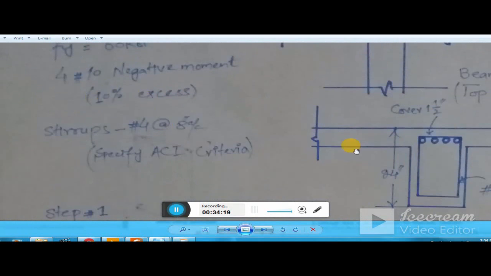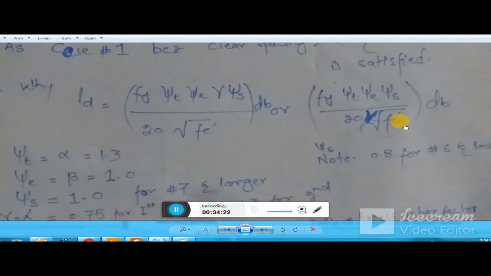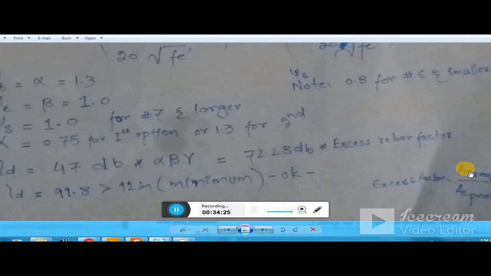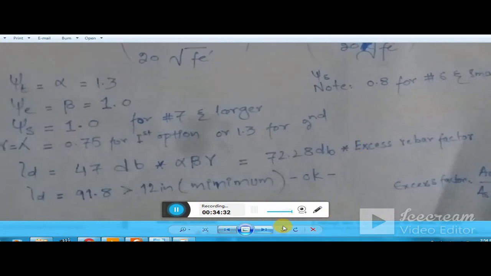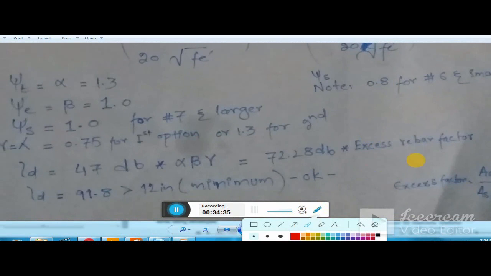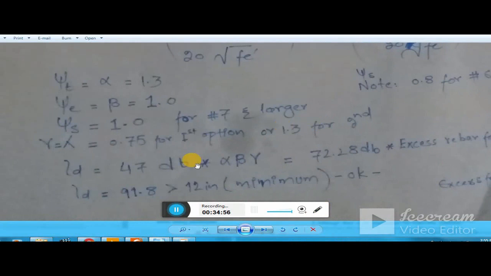If you are providing 1 square inch steel, you have to increase it by 10%, meaning you insert 1.10. So here you have to divide 1 by 1.10. Okay, that gives you 0.91 something. Clear? 0.91 something. So this is the factor. Clear? And you calculate your ld.